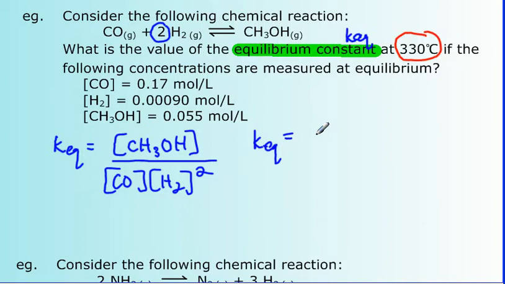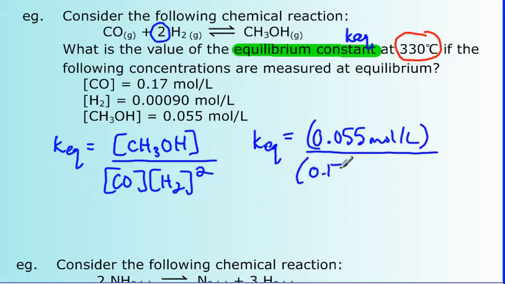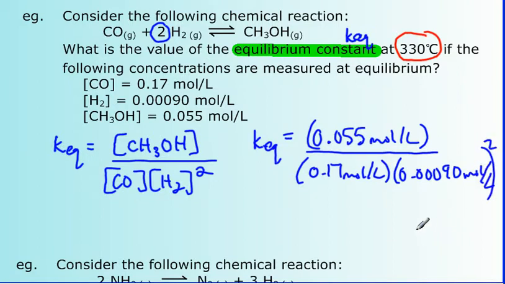So in the numerator, the concentration of methanol, 0.055 moles per liter. In the denominator, the concentration of carbon monoxide and the concentration of hydrogen, and that will be squared. Then you have to get out your trusty calculator.